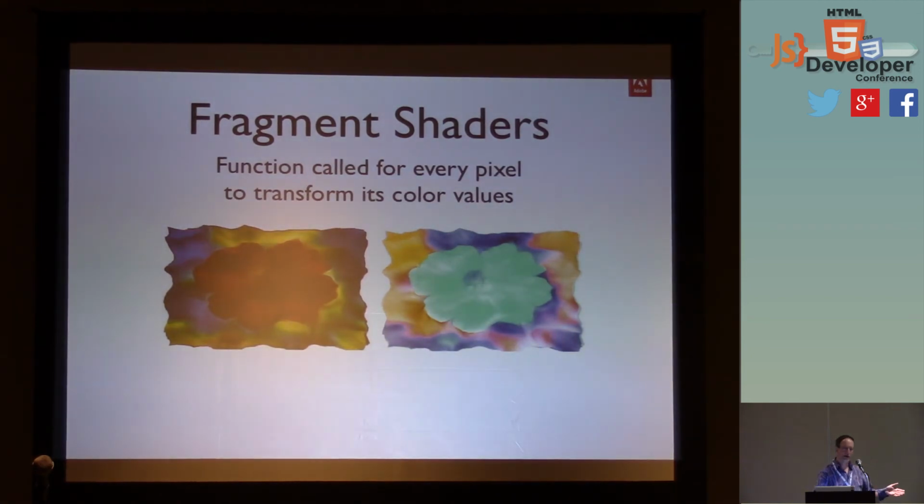The fragment shader says, I'm going to be called for every pixel, and I can remap the colors. So if I want to light something, I need my vertex shader to tell my fragment shader how I've remapped this in 3D so that I can apply the proper lighting.